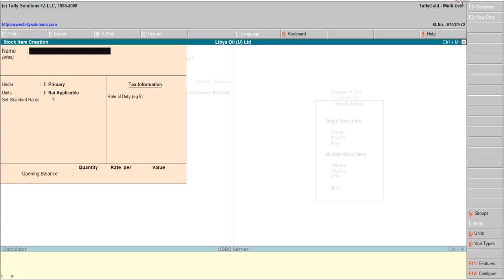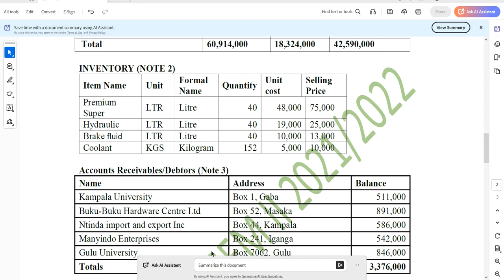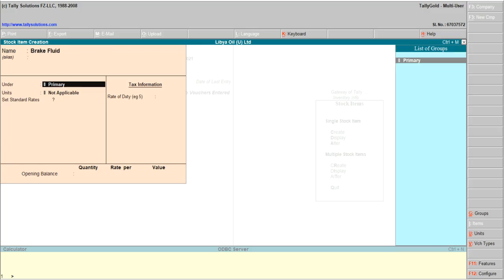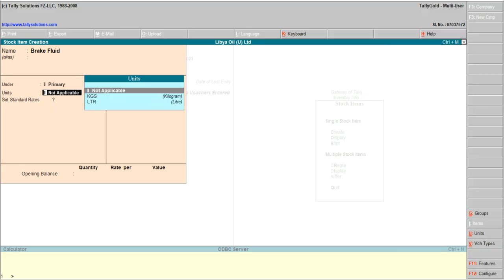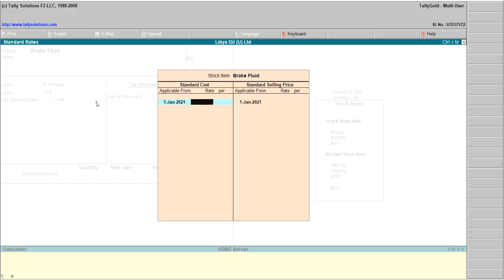Next item is brake fluid. Primary brake fluid, that's liters still. Set standard rates, yes. The standard cost for brake fluid, that's the unit cost, is 10,000 per liter. The selling price for brake fluid is 13,000.